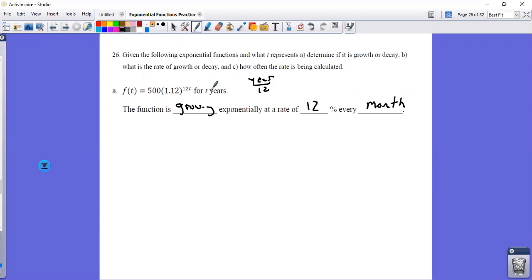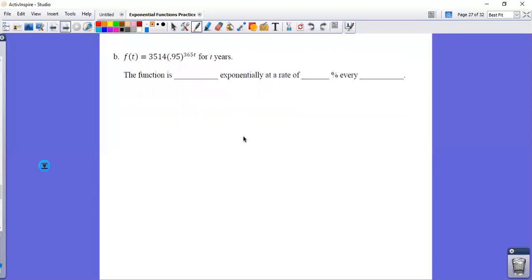So what this is saying is that you would take the number of years, like if this was 1 year, multiplying it by 12 would turn it into months. So think of this unit of measure, and if it's being multiplied here, divide it up. If you take a year and divide it into 12 parts, those are months. If there is a fraction here, then multiply that unit of measure. If you took a year and divided it into 365 parts, you would get days.